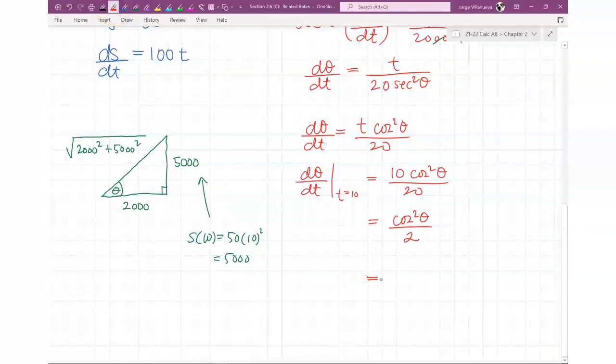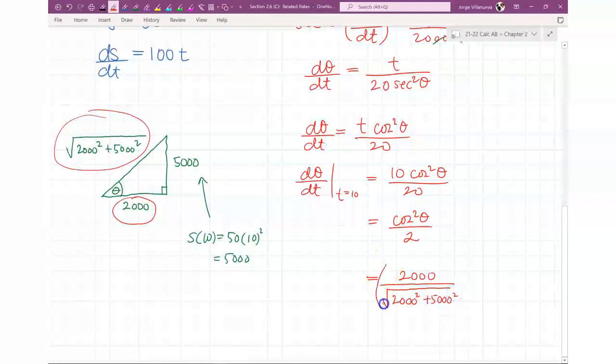Cosine of theta, now remember I have to square it, is 2,000 over the square root of 2,000 squared plus 5,000 squared, all of that squared, divided by 2.